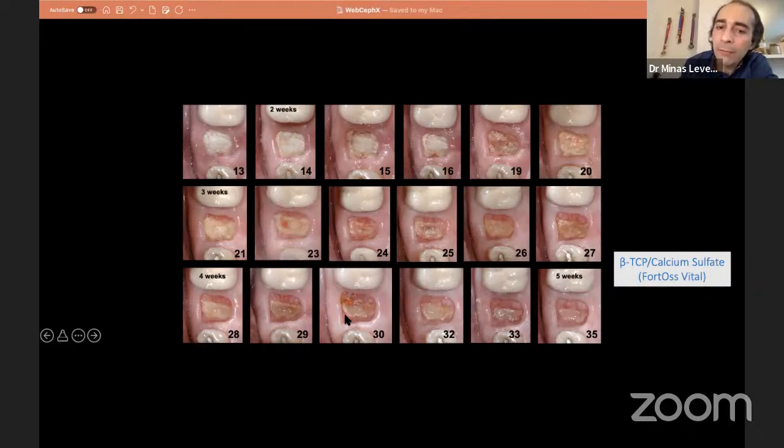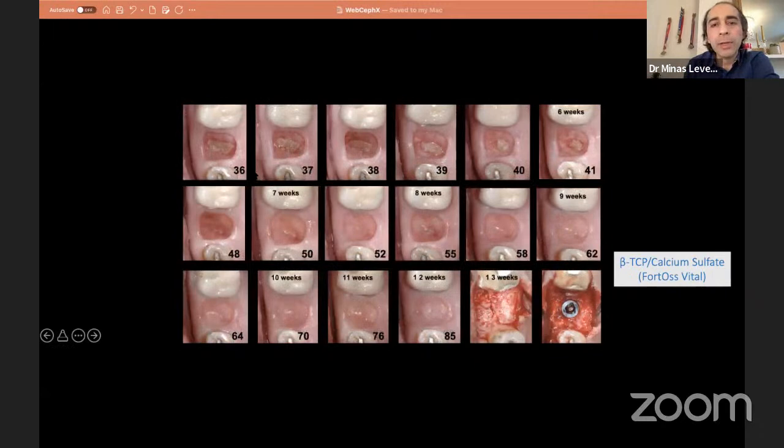They move around 1 millimeter every day to close the gap. It gets thicker, the gap becomes smaller, and depending, of course, on the physiology and the size of the area, we need some time. But what happens at the end is that the socket grafted area is fully covered by newly formed keratinized epithelium.